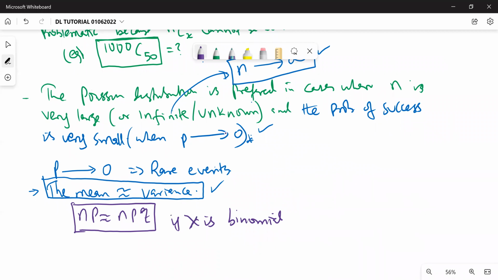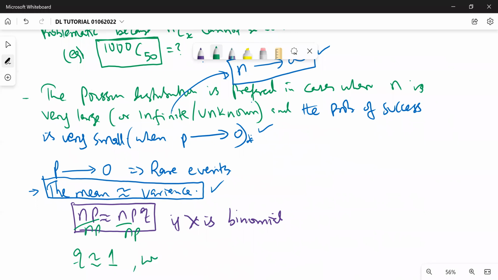Looking at that expression, np is approximately equal to npq in cases where q is approximately equal to 1. If you divide both sides by np, you will get that q is approximately equal to 1.